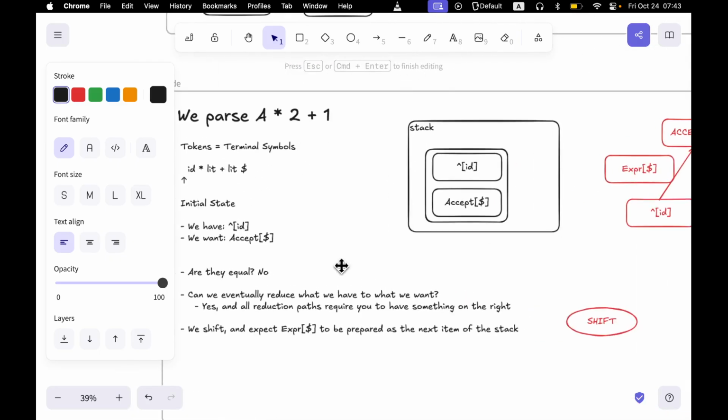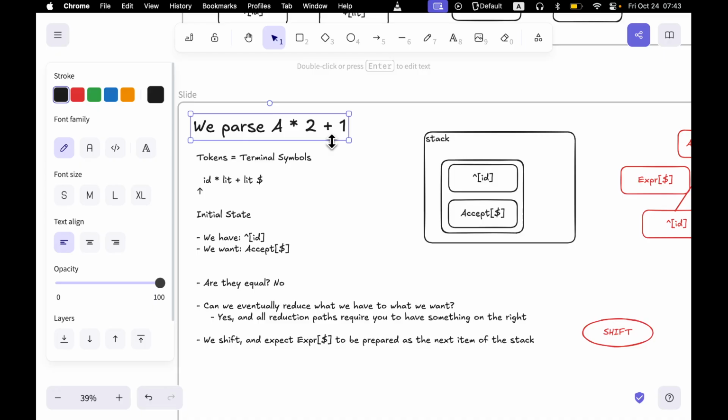So now let's parse a times 2 plus 1. If we tokenize this, and I might say the word token, which is a synonym for terminal symbol, we obtain ID times literal plus literal and the end of file symbol. Well, I might call this $1.